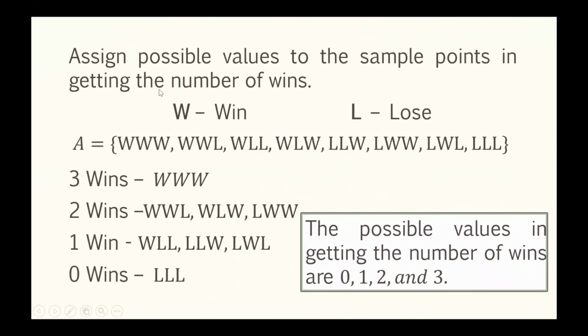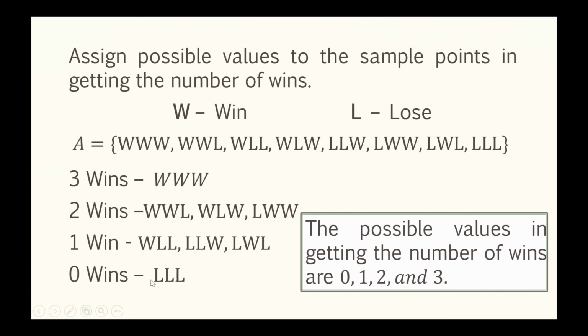For assigning possible values to the sample points in getting the number of wins, from the outcomes, you can have 3 wins, you can have 2 wins. There are 3 outcomes here. If there is 1 win, there are 3 outcomes.